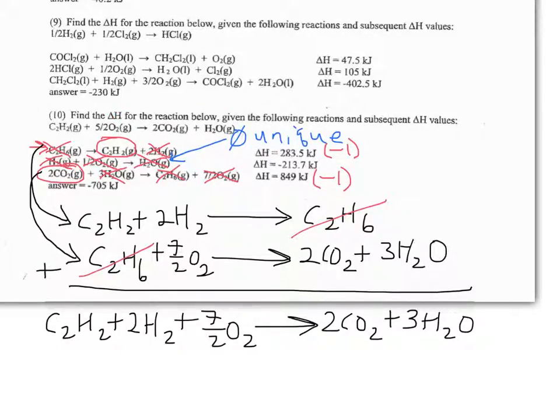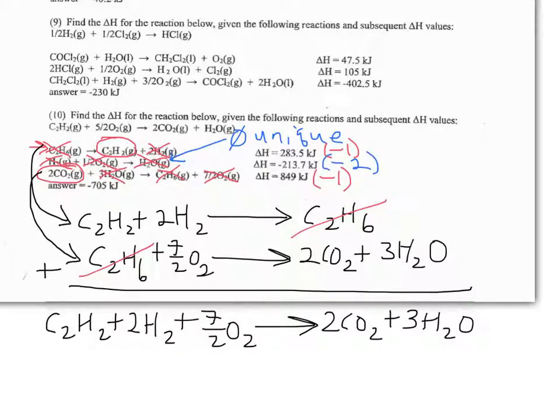So we need to get rid of that, and that's what we're going to use the nothing unique equation for. In order to get 2 hydrogen on the product side, we need to multiply this second equation by -2.